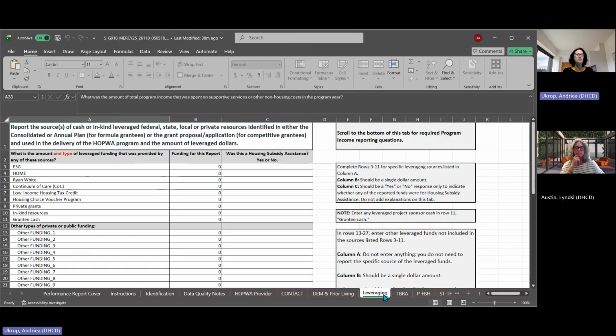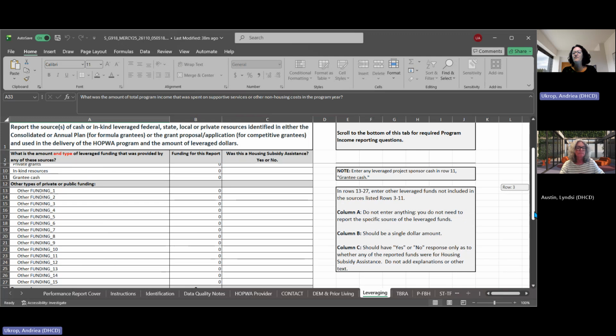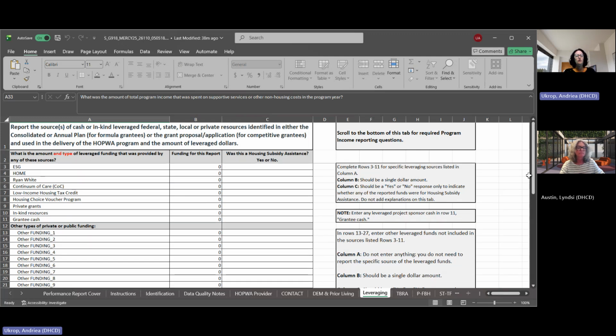We're going to move on to leverage, and we want to note that the expectation is that all organizations have leverage. So please note that if your organization does not have any kind of leverage, so that would be funding that you use for eligible costs, HOPWA eligible costs, but it comes from another funding source, that is what leverage is.